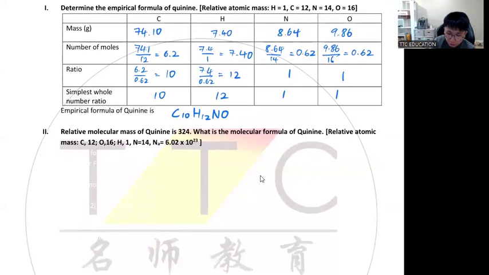Let me just give you a simple concept. This formula is not provided anywhere, in any textbook. So we say that with the empirical formula, if you want to convert back to molecular formula, you need to multiply by a certain number to turn it into the molecular formula.